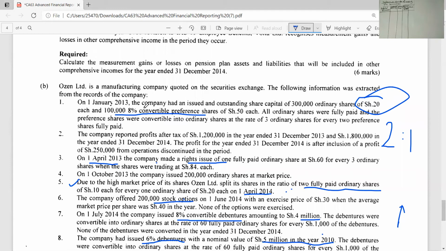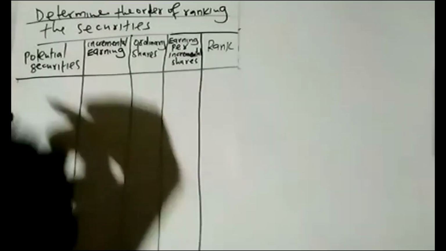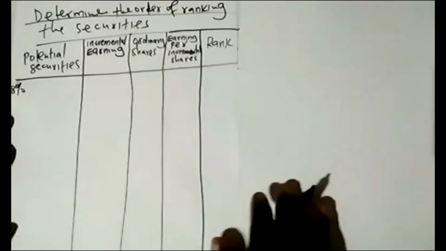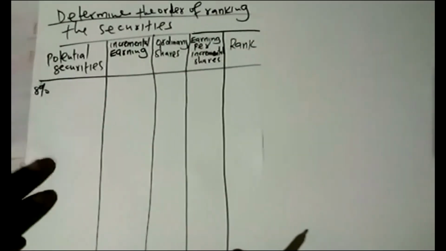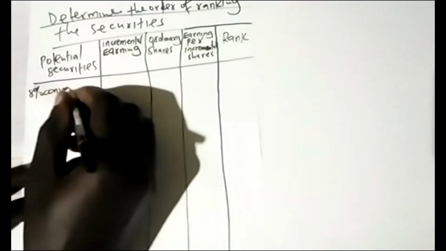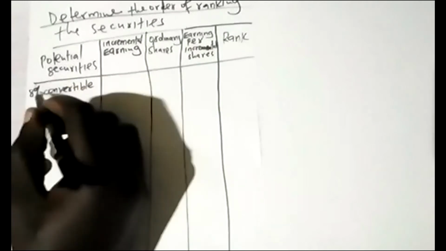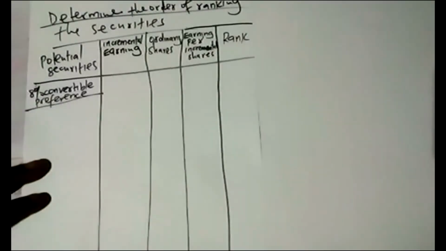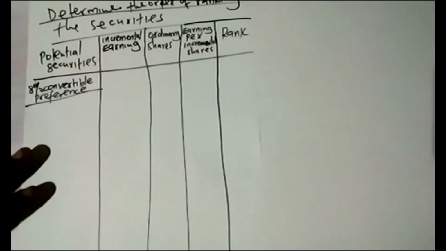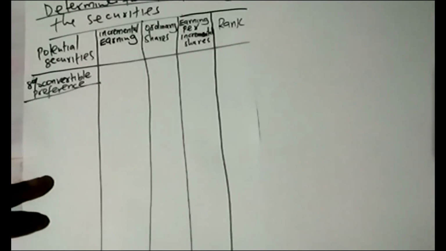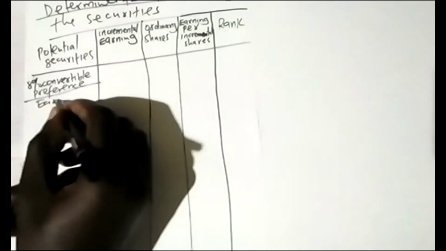So we start with the 8% convertible preference. With the 8% convertible preference, you talk about incremental earnings.